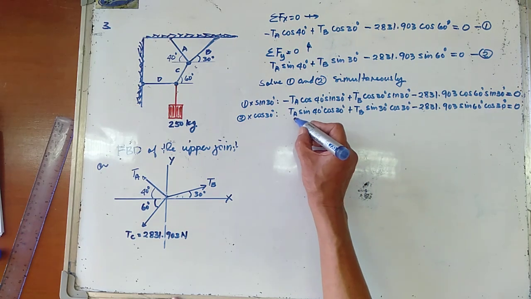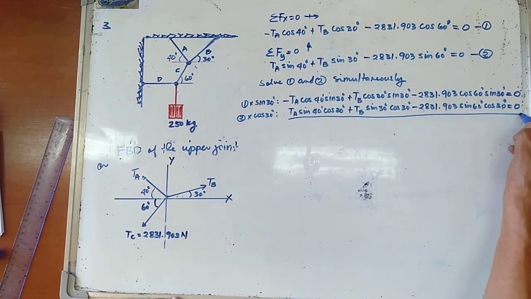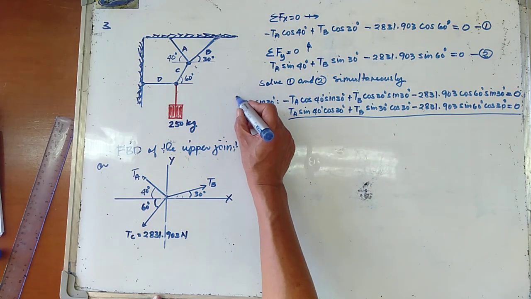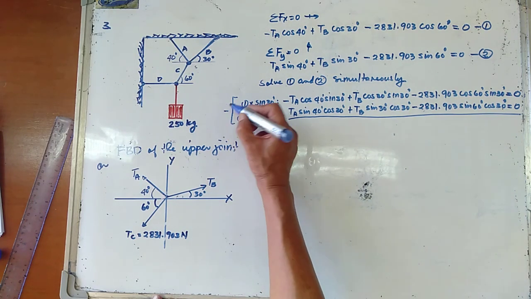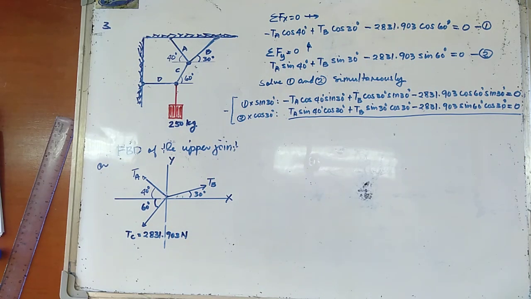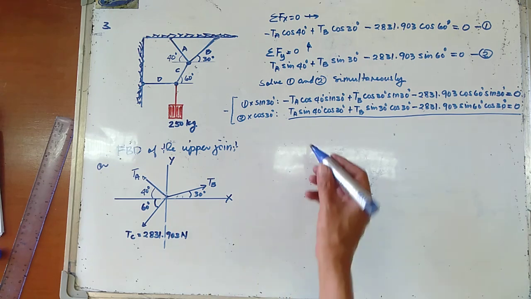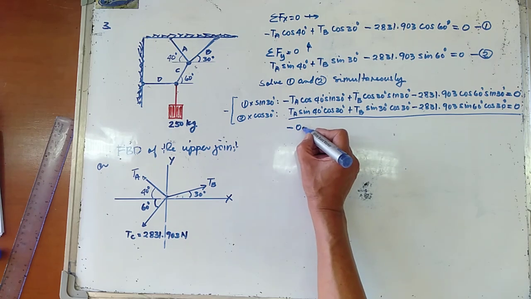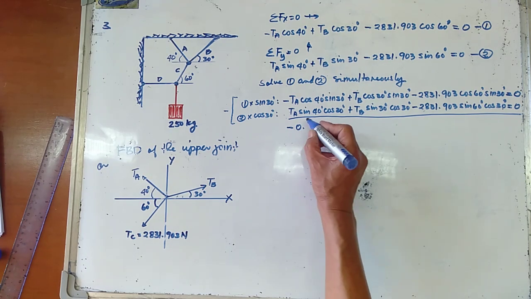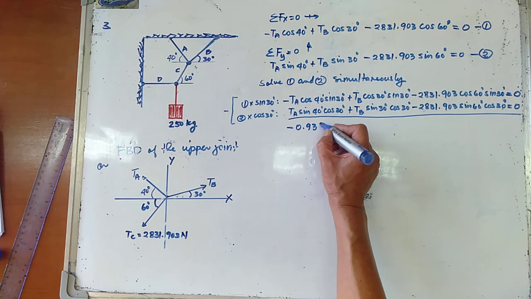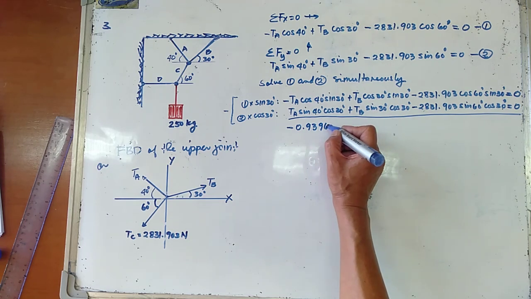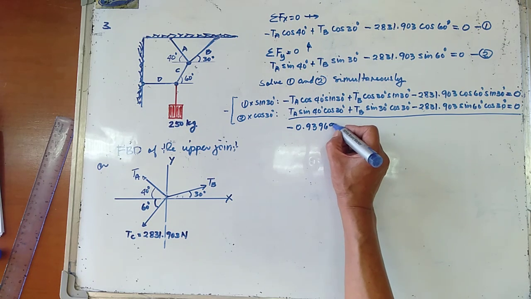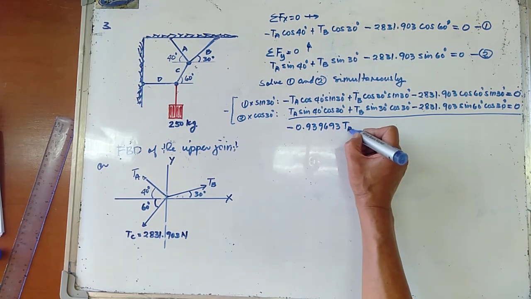So let us subtract the two equations. Now, subtracting, this one here is negative 0.939693 TA.